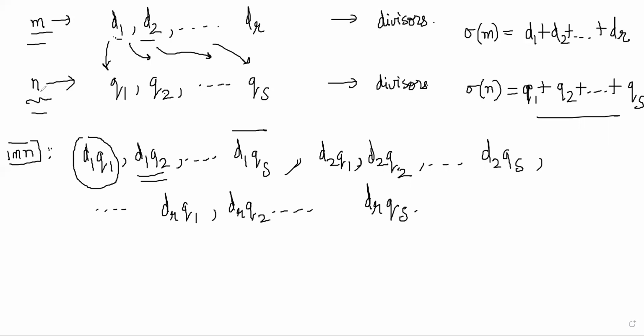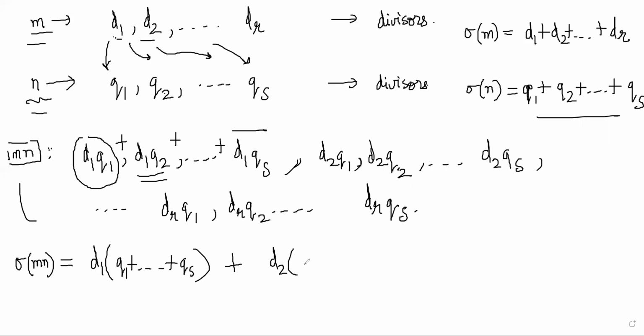You understand? So now it is very easy to see the sum for mn. As soon as you do the sum of all of these divisors, you will notice that you can take d1 common, q1 till qs. Plus similarly d2 common, q1 till qs.